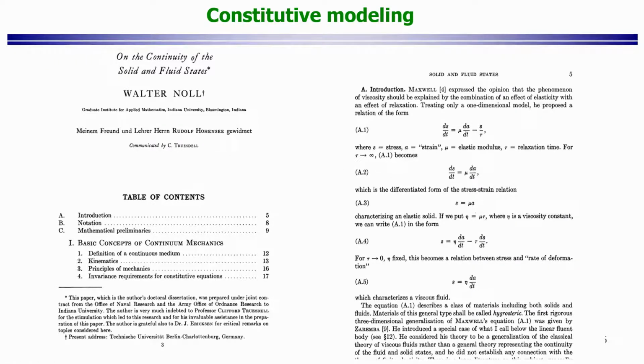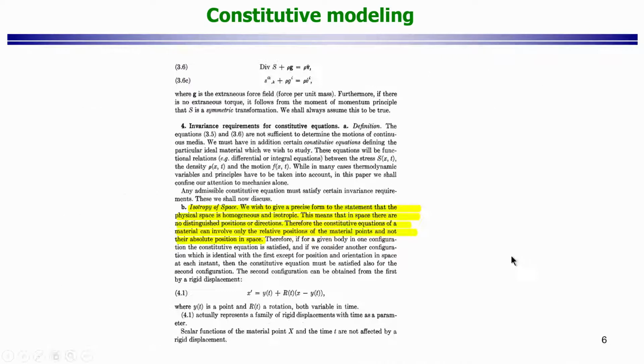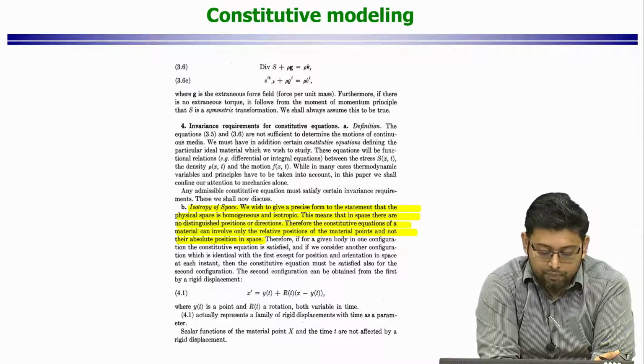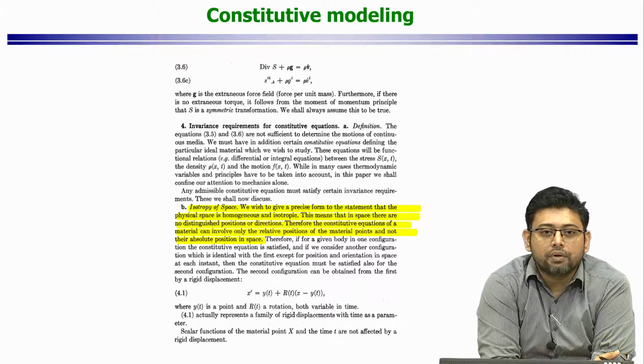So, what we are going to do is discuss this basis. Noll, in his seminal work, points out an important issue that we will discuss in some detail today, and that concerns the isotropy of space. To read from his manuscript, he says that we wish to give a precise form to the statement that physical space is homogeneous and isotropic.